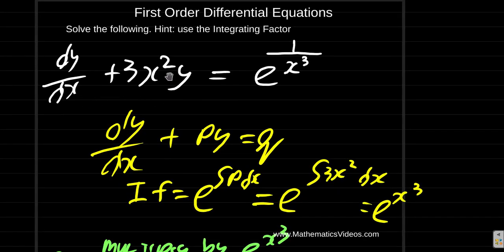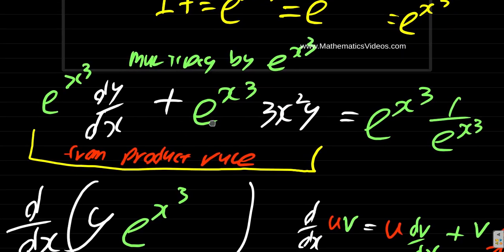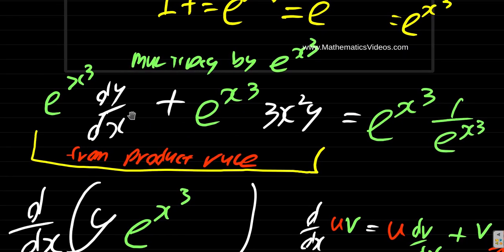We have our first order differential equation, generally dy by dx plus Py equals Q. Use the integrating factor, where the integrating factor is e to the integral of P dx. We saw that P is 3x squared, and when you integrate 3x squared, you get x cubed. So it's e to the x cubed, and you multiply by the integrating factor each time.